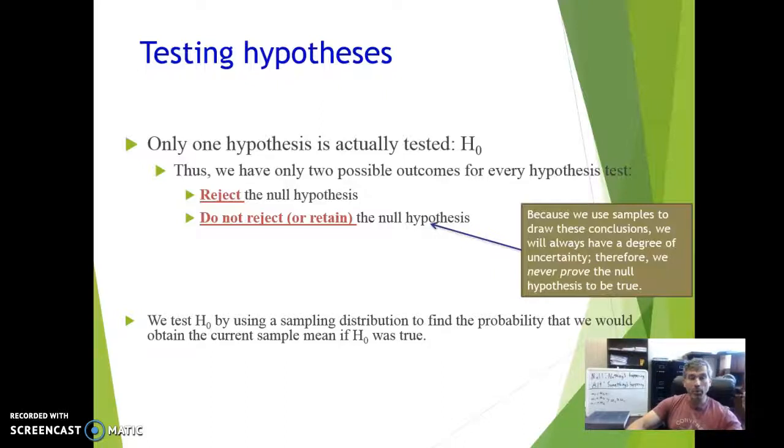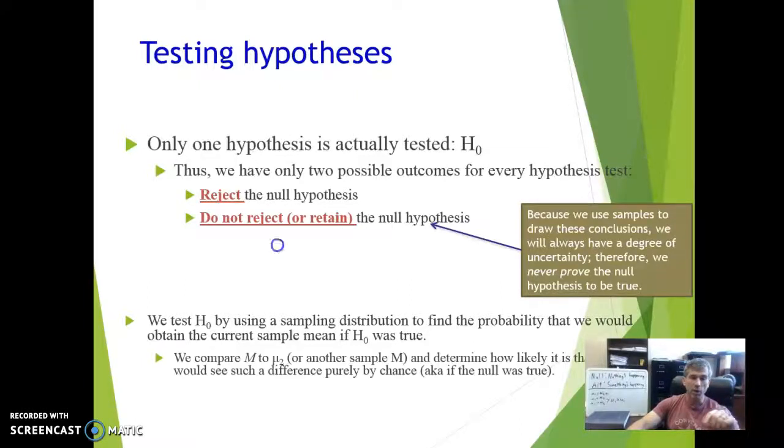We create a sampling distribution, remember those, for whatever our sample size is. We place the sample mean on that sampling distribution. We find the probability that we'd see a sample mean with that relative standing if the null hypothesis was true. So we're weaving a lot of concepts together. Even if you don't quite get what that means, you hopefully can recognize a lot of the different terms that we've covered.